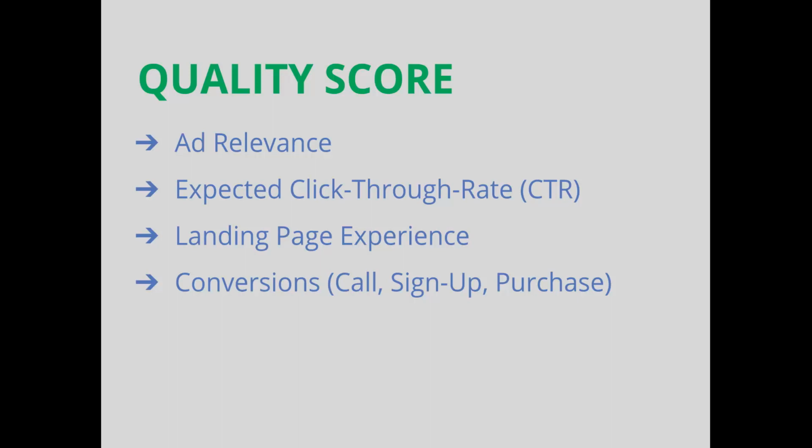If you're average, at 5 or 6, you're going to pay an average rate. If you have a high quality score, going up to 9 or 10, then Google is going to reward you by making you pay less per click. So as you improve your account over time and get higher and higher quality scores, you should actually get better results for less money.